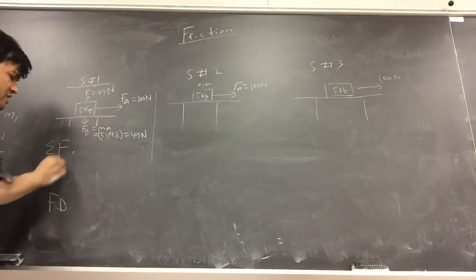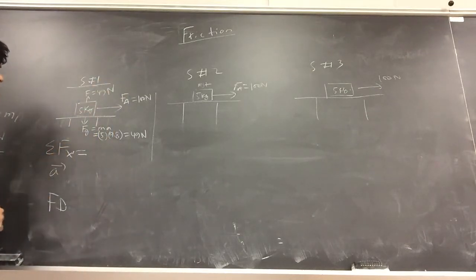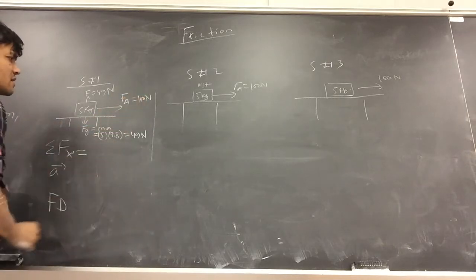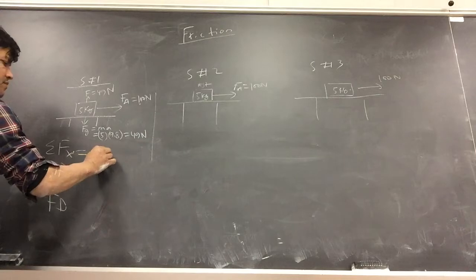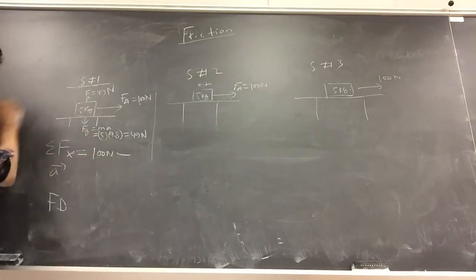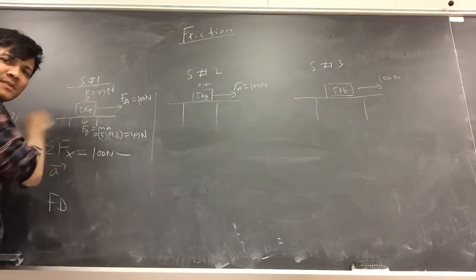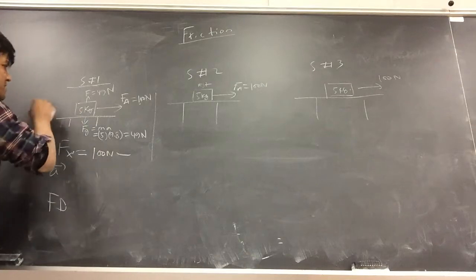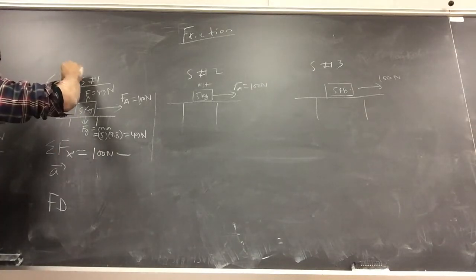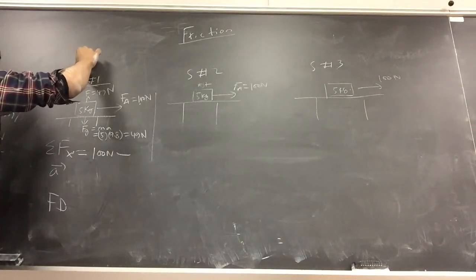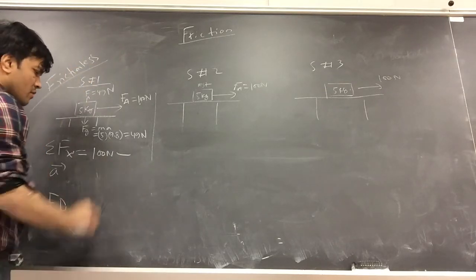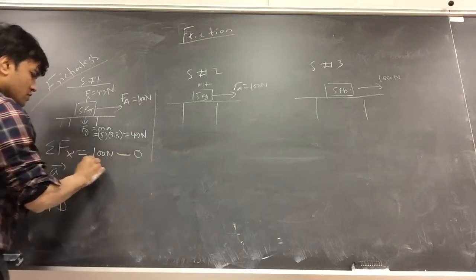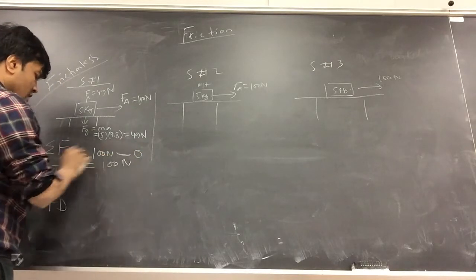However, in the x direction, 100 Newton minus 0 Newton. There is no friction, since we said this is frictionless. 100 Newton minus 0, so 100 Newton.